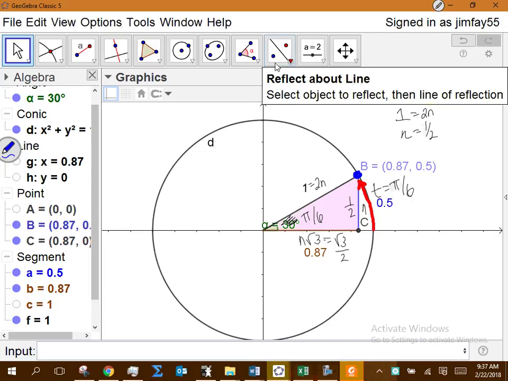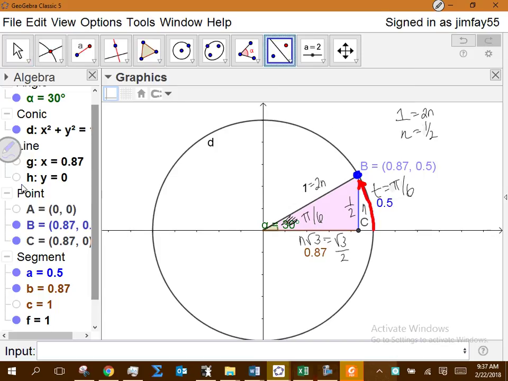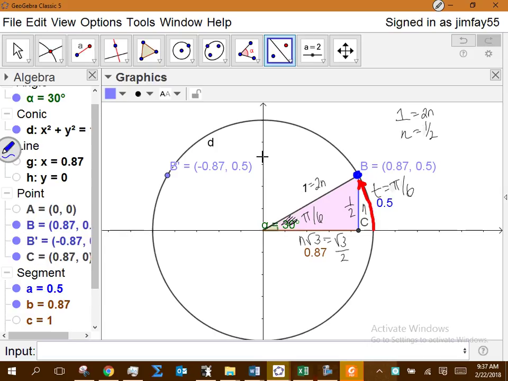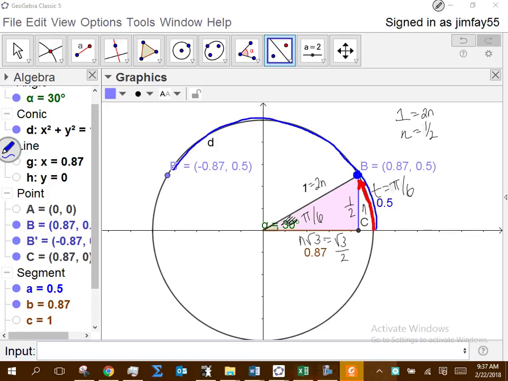Okay, so when I do that, reflect B across there, it gives me that point right there, correct? Okay. Now, the arc that we'd be talking about that provides that terminal point would be that arc there.